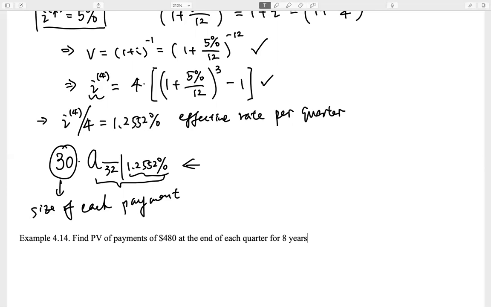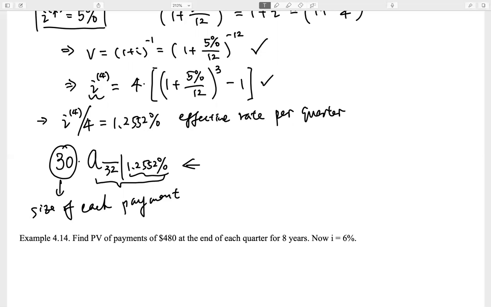So everything is the same, but what we know is i equals 6%. So of course, i is going to be the effective annual interest rate.